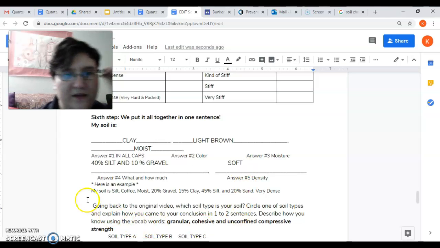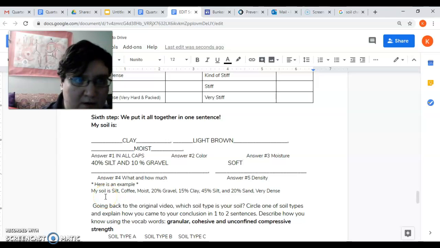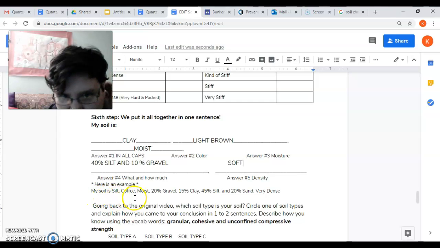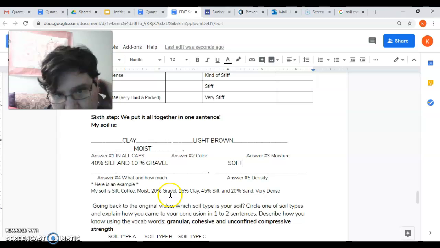So here is an example full complete soil analysis in sentence form. My soil is silt, coffee, moist, 20% gravel, 15% clay, 45% silt, and 20% sand. It's very dense.